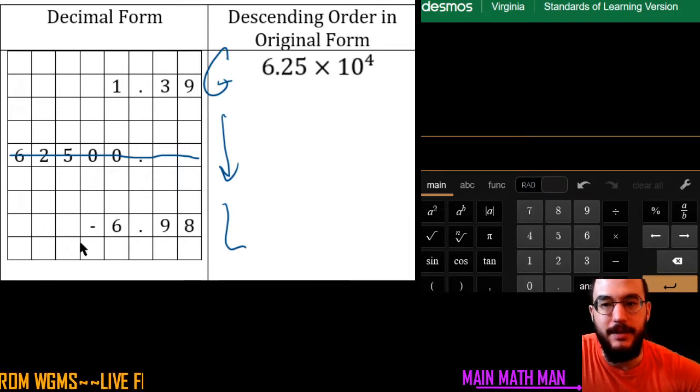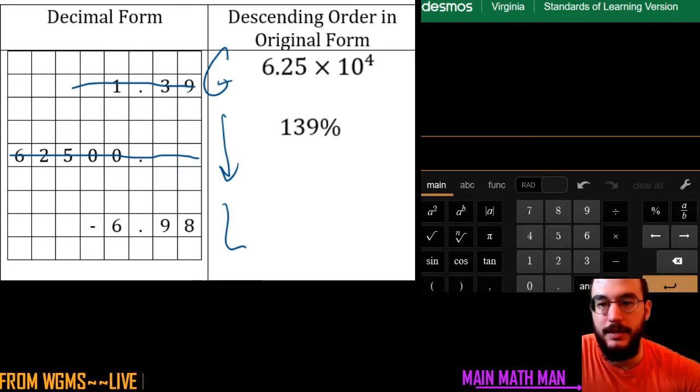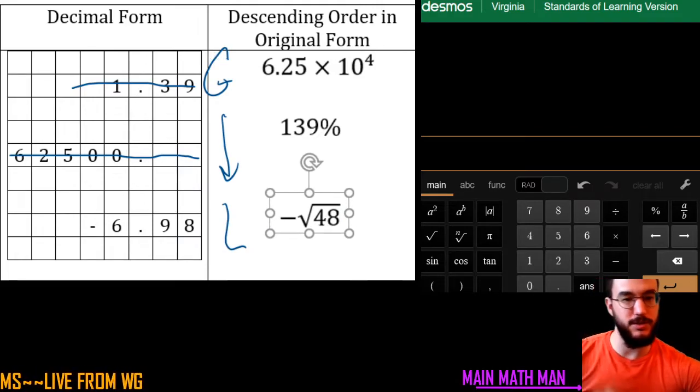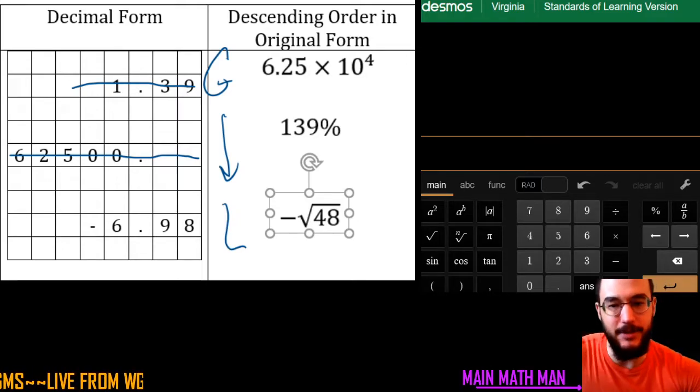So on that number line, I have 139% as my next largest number, and cross it out as you use it. And so now I'm going to say that the negative square root of 48 is going to be my smallest number, or my lowest number. Again, notice how it's the furthest left on that number line.